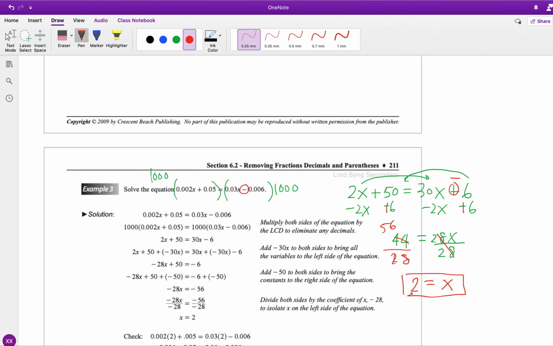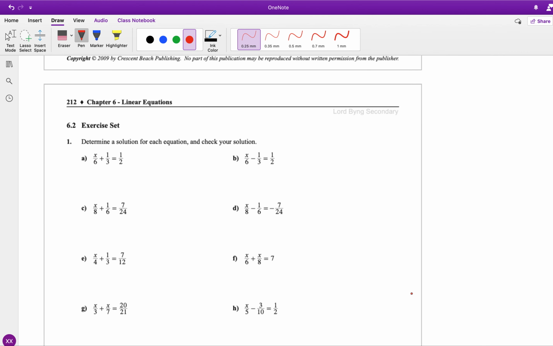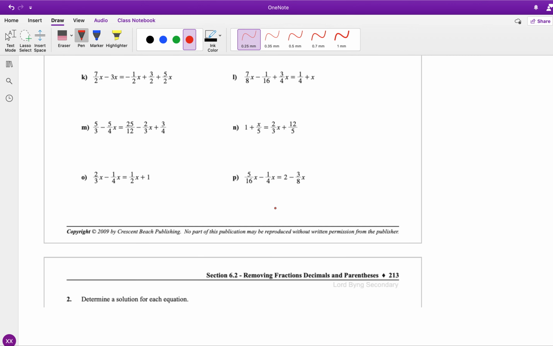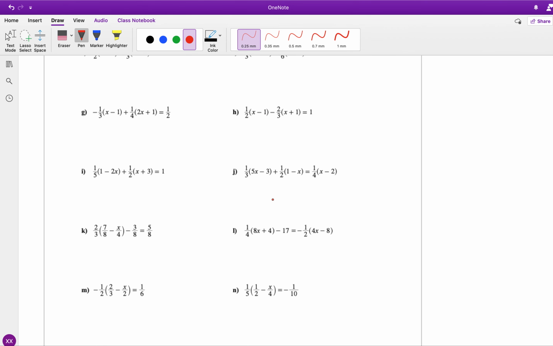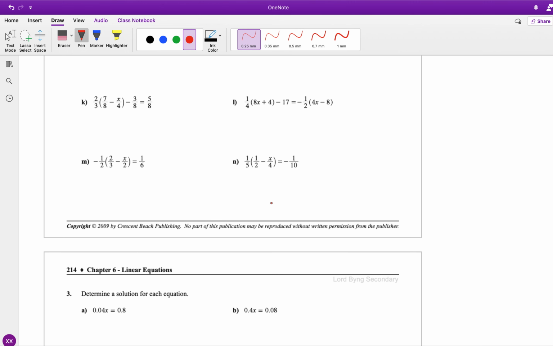All right, in your exercise, they would just have all fractions as your coefficients, and some look rather complicated, but you can definitely figure out how to multiply by the common denominator to get rid of them.